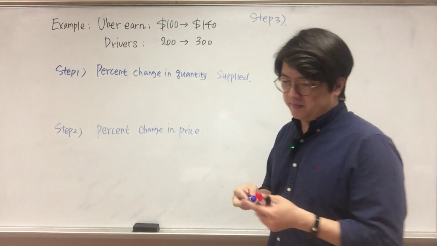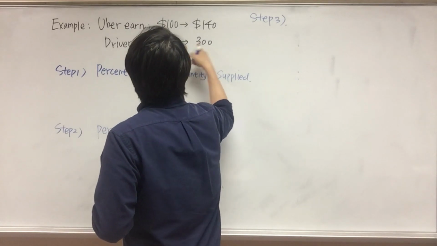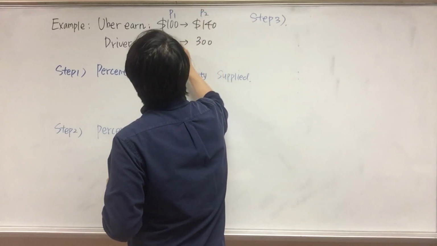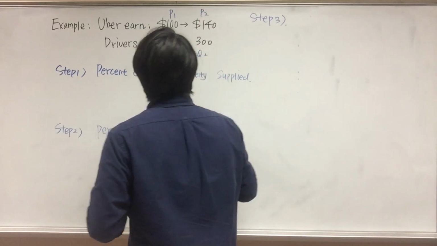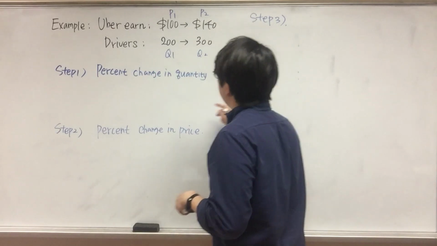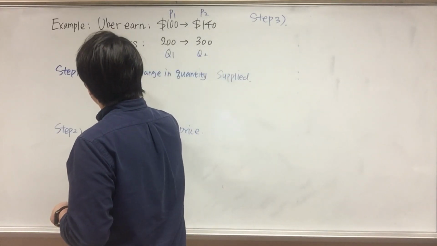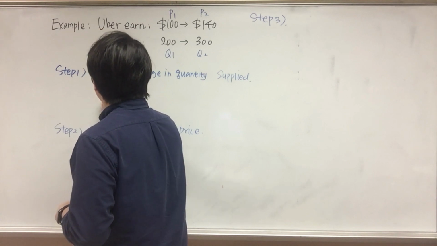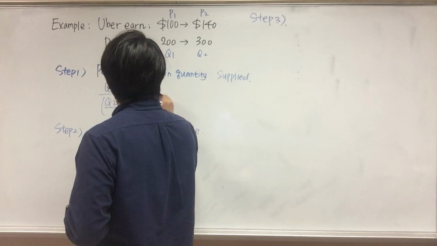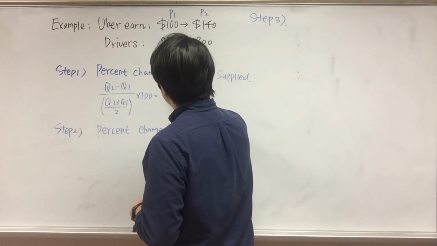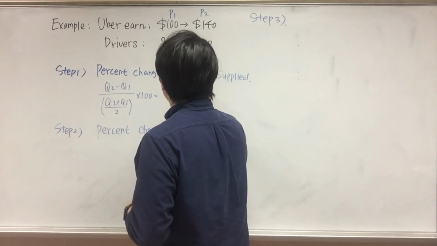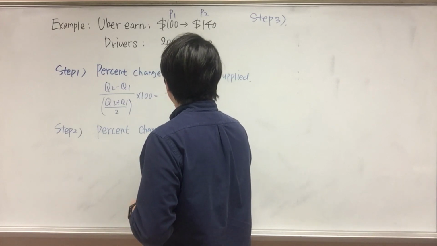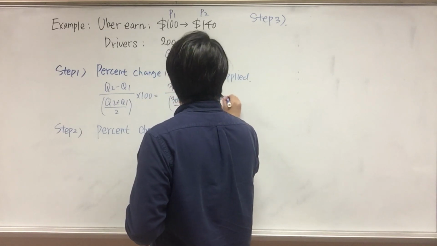I'll let this one be P1 and P2, and this one Q1 and Q2. The percent change in quantity supplied is Q2 minus Q1 divided by the average value, times 100. Q2 is 300 minus 200, divided by the average value, times 100.